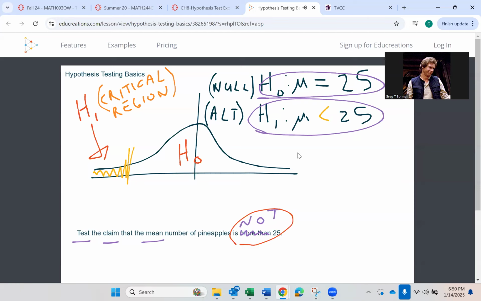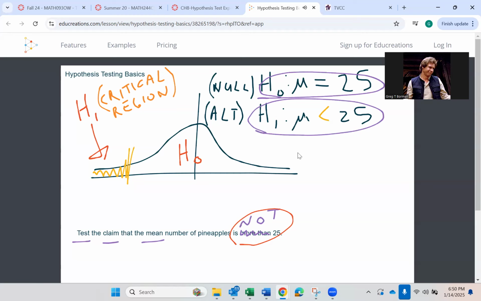Now there's another thing. There are two ways to proceed at this point. One way is the critical value method. What that means is you have a special formula, and your calculator finds it for you, and that formula gives you the critical value.